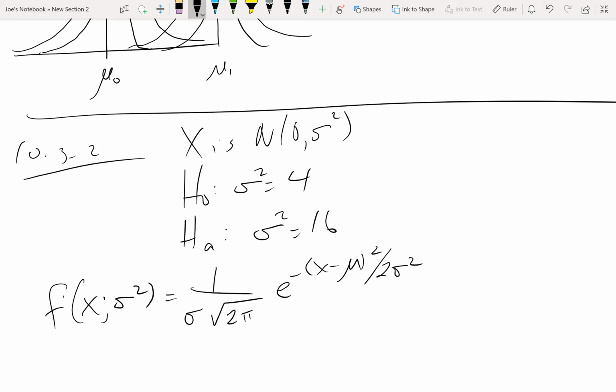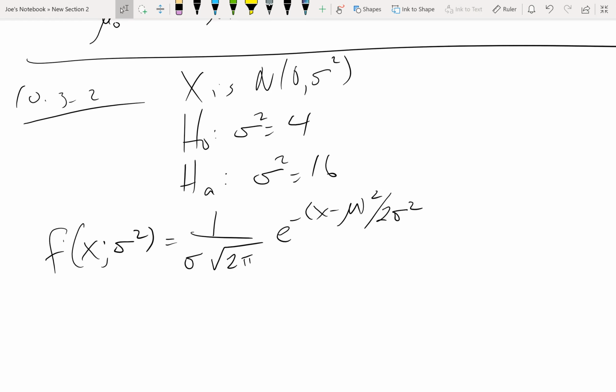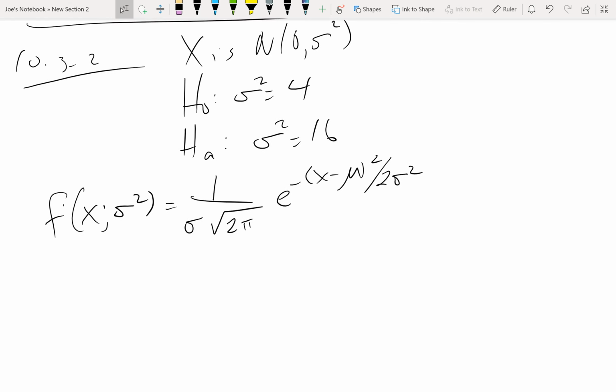I put the arbitrary mu in there too, but that's what our PDF looks like for the normal distribution. Okay. So for our purposes, we're assuming that the mean is 0. It really wouldn't matter what the mean is in general, as long as it was the same for both. Well, we're going to assume the mean is 0 and that the sigma squared changes.